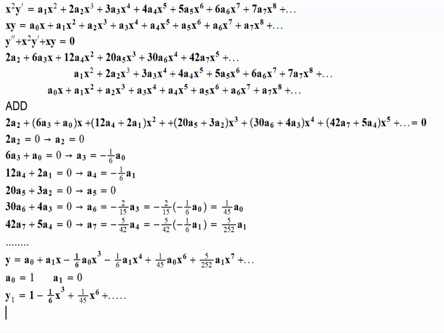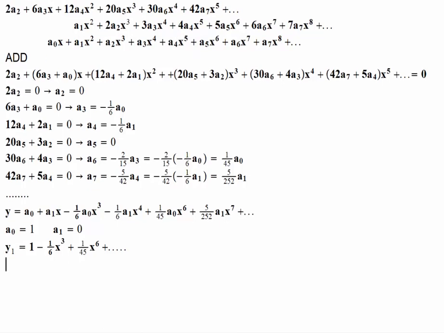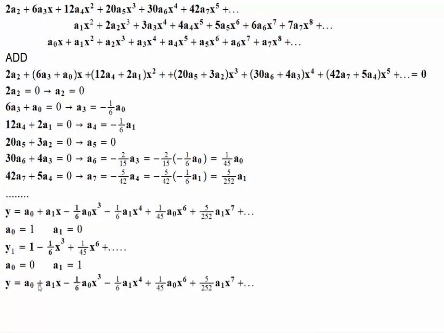And then we can choose the values for A0 and A1 vice versa. Now let's give A0 the value 0 and A1 the value 1. What this becomes is that A0 is 0 and you gave A1 the value 1, so we get an x.